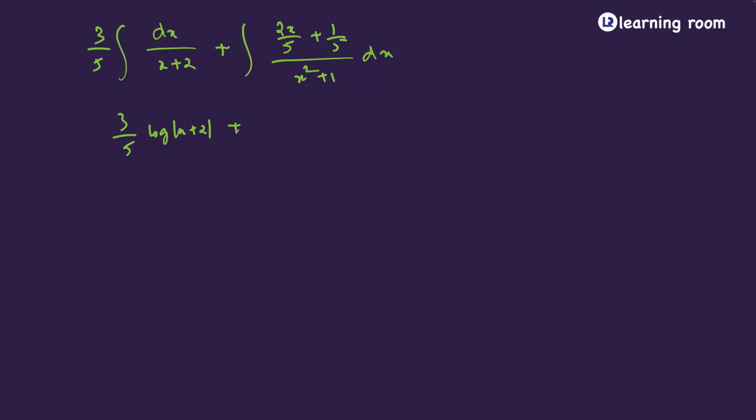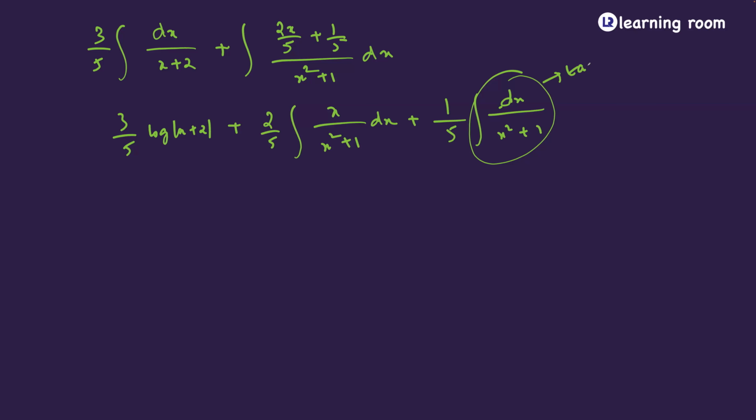Plus you can split the numerator, split the denominator to each term in the numerator: 2 by 5 into integral of x divided by x square plus 1 dx, plus 1 by 5 into integral of dx divided by x square plus 1. For this one, the integral of 1 by x square plus 1 is tan inverse of x.